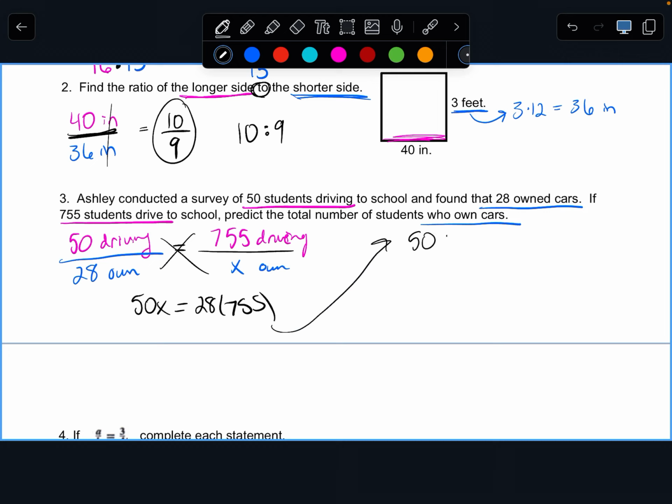What did you get? 21140? Divide by 50. Usually they'll have you round because these are people, so you would say 423 owned cars.